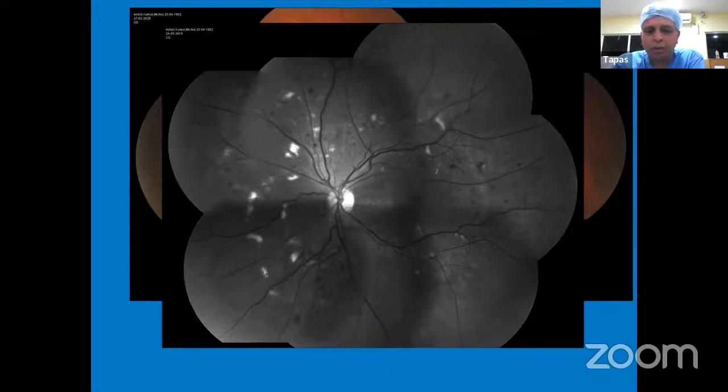The moment we zoom these images, you start seeing many more lesions than we see in fundus photography as well as in the indirect ophthalmoscope. This is a cropped image from Optos, and it has been magnified.